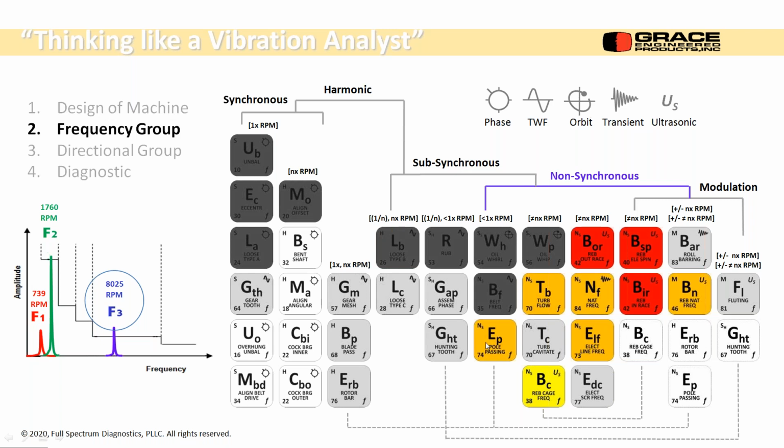We don't see it, so we get rid of both of those. Turbulent flow is usually subsynchronous, and it looks like a haystack, not a defined peak. Bearing natural frequency is usually a much higher frequency with sidebands, and the cage frequency is subsynchronous. Okay, so if we get rid of those, we're left with these 4 potential problems.